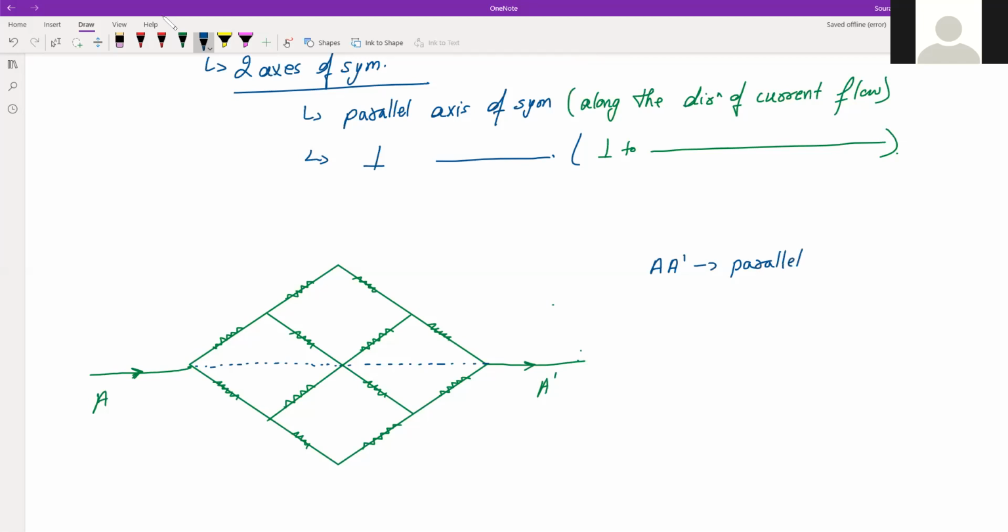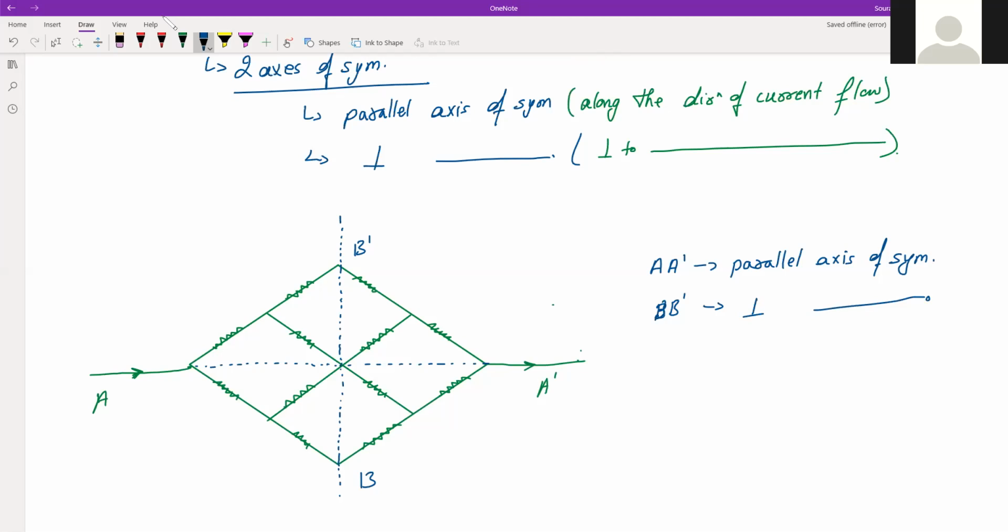And if this point is say B and this point is B dash, and we join this as well, then the line BB dash will be the perpendicular axis of symmetry.